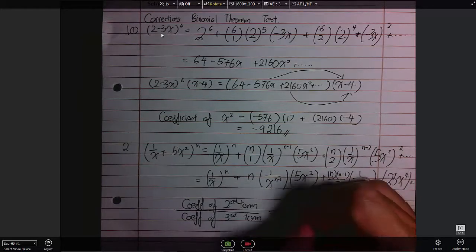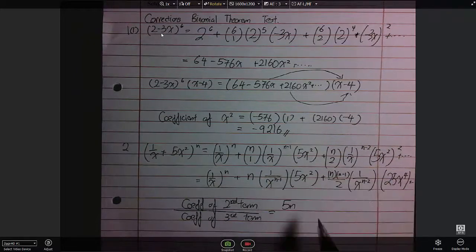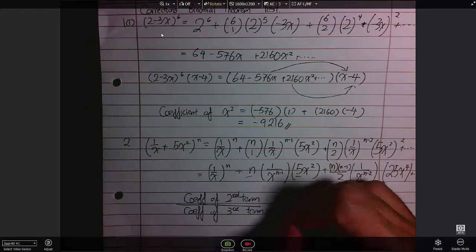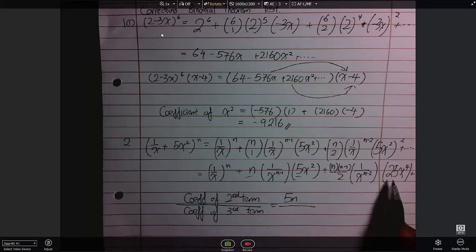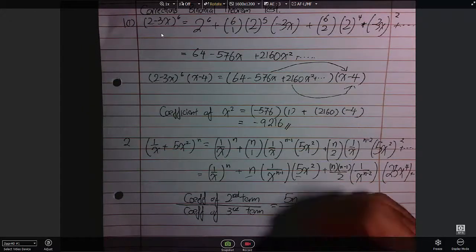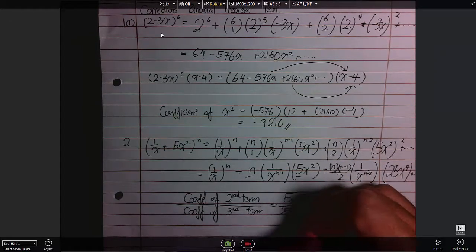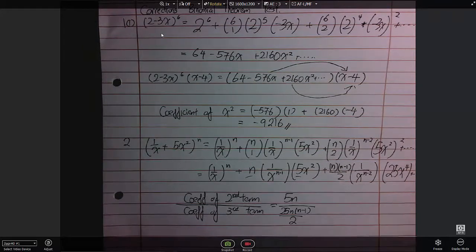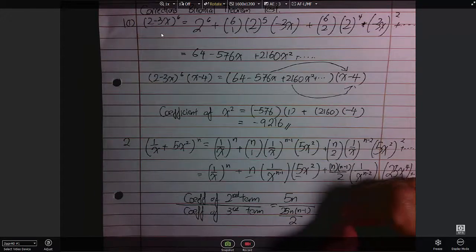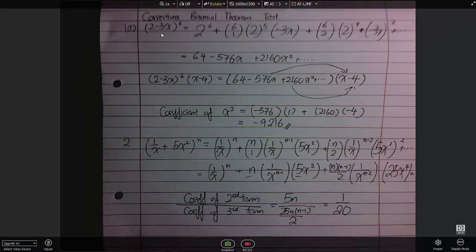What I get is 5n, divided by 25 times n minus 1 over 2. That's the coefficient of my second term, and this is the coefficient of the third term, which is equal to 1 over 20.